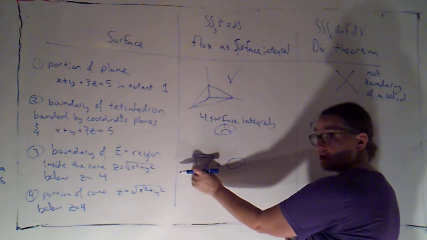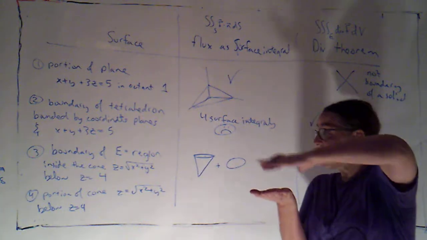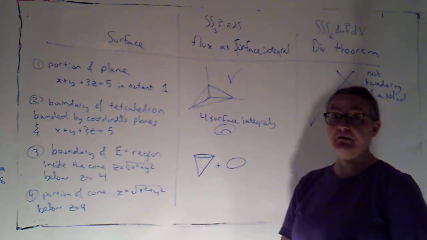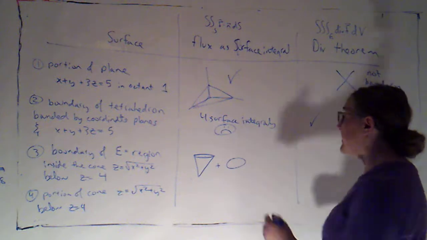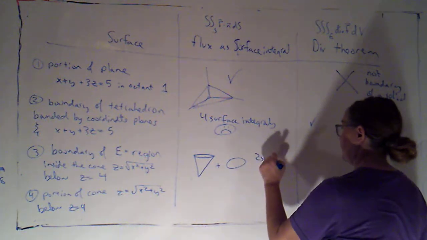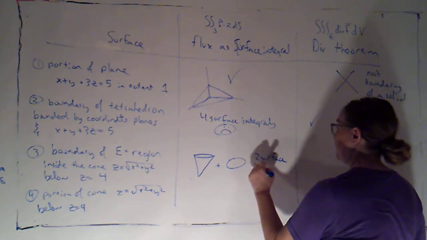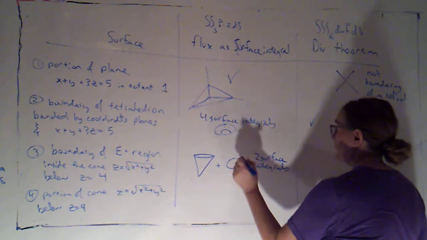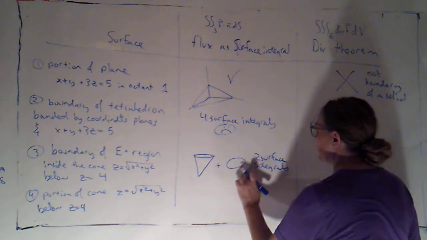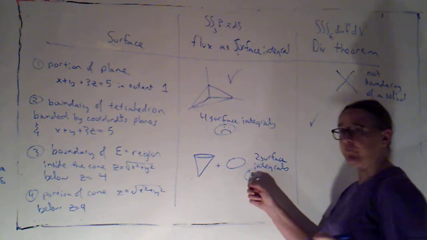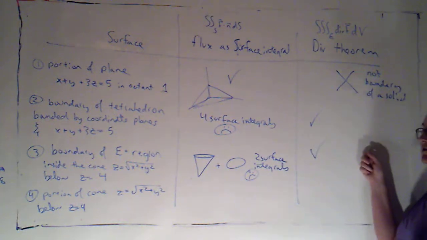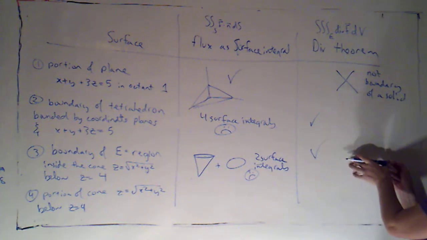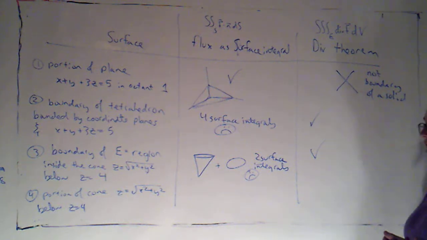So I would have a portion of a cone and a disk in the plane z = 4. That would be 2 surface integrals, and again, much as I love surface integrals, that's an awful lot of work. I would probably try using the divergence theorem because it would be 1 triple integral over that enclosed region.